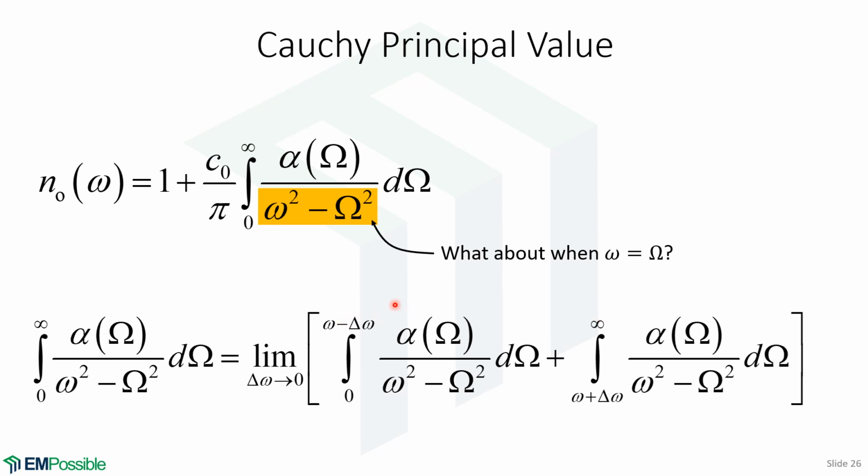So we've sort of skipped over where this goes to infinity. Well, in the limit as delta omega goes to 0, this becomes exact. So in practice, we can let delta omega be something very small, and we can estimate this little missing gap in the middle of the integral just using the edge values of this little gap that we've skipped.